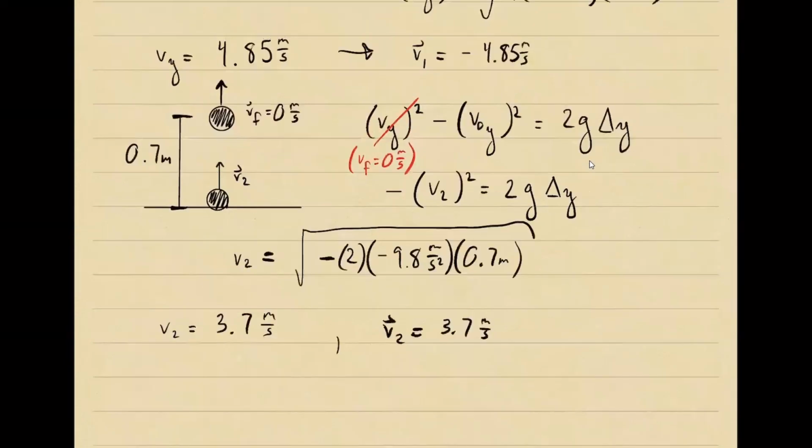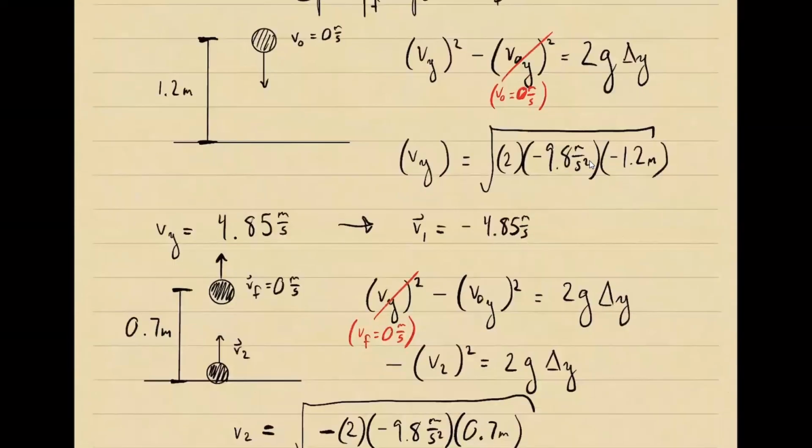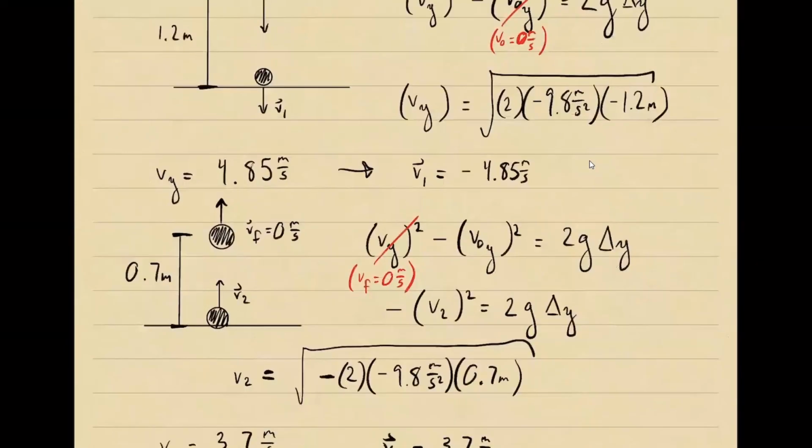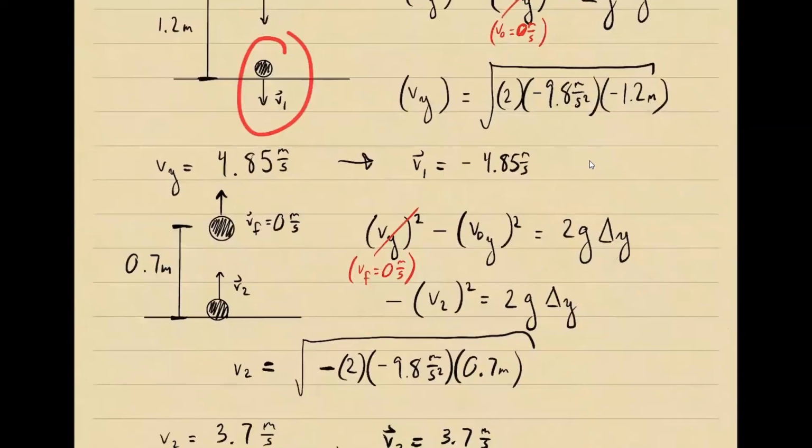So now we know the initial velocity of this thing just as it hits the ground. So in this first picture, we solved for v1. So this is our initial velocity. And then our final velocity is v2.